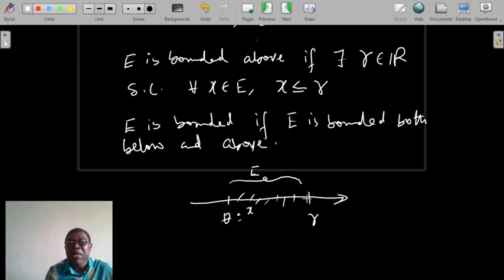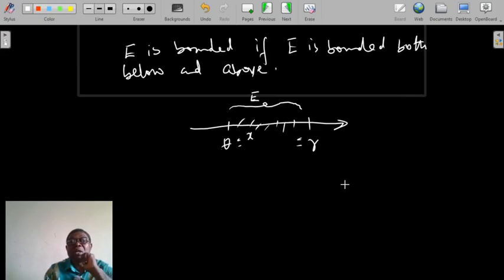And it is bounded above if we can find gamma in R so that for any x we pick in E, x is less or equal to gamma. Any other number bigger than or equal to gamma will also bound E above. Thus gamma is an upper bound, while theta is a lower bound. So all numbers bigger than gamma are also upper bounds.